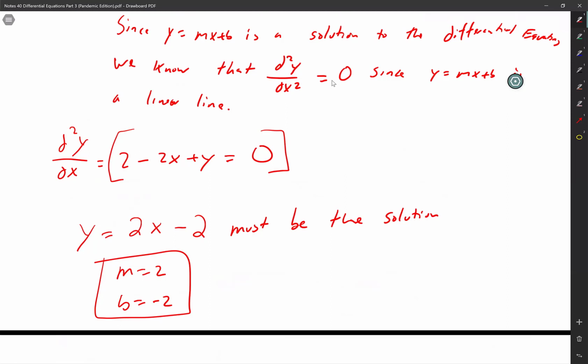There's an infinite amount that satisfy dy/dx equals whatever the equation was, and where the second derivative is still 2 minus 2x plus y. But this specific one, where is the second derivative 0? Well, the only time that I have a linear line on this slope field is when I have this particular equation that will satisfy the dy/dx and the second derivative equals 0. Does that make sense? Yeah.